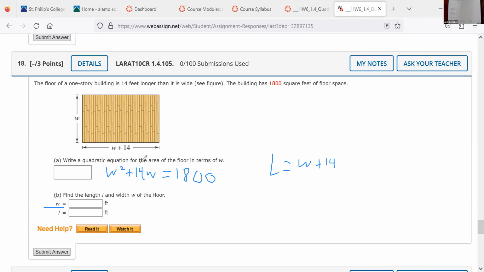Once you solve this equation, you're going to get two answers for W. But there should only be one W. So choose the one that makes sense, the one that's positive, and plug it in here to get the length. Is there any questions on 18? Does that seem doable, or do you want to see the steps, or what do you think?